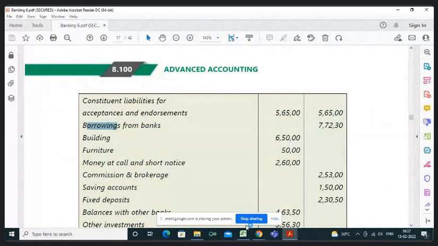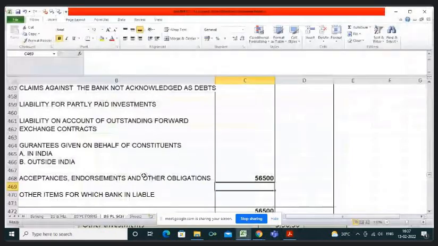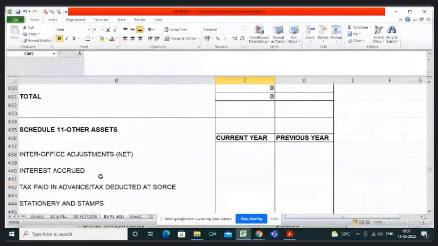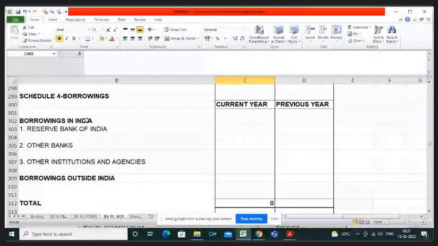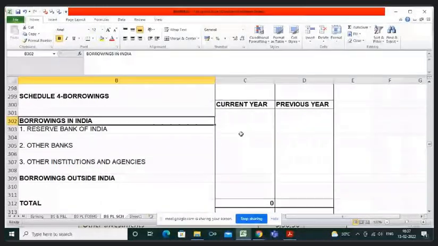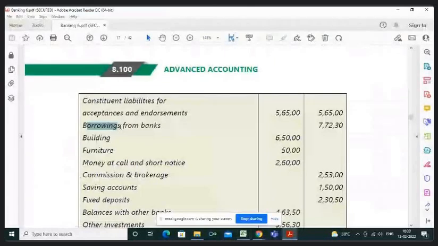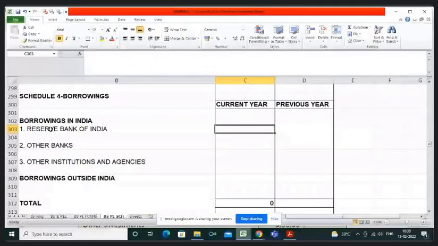As part of the balance sheet, we have to show the acceptances and endorsements because these are called contingent liabilities. If you look at the format of the balance sheet, we have the contingent liability schedule, number 12. So we move on to schedule number 12.